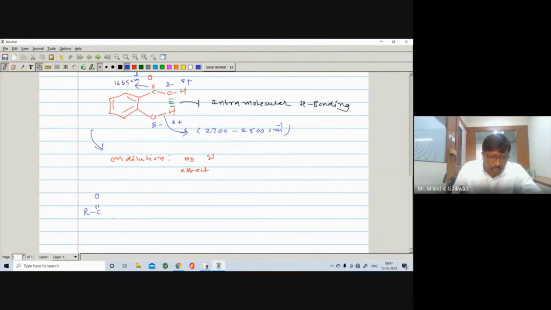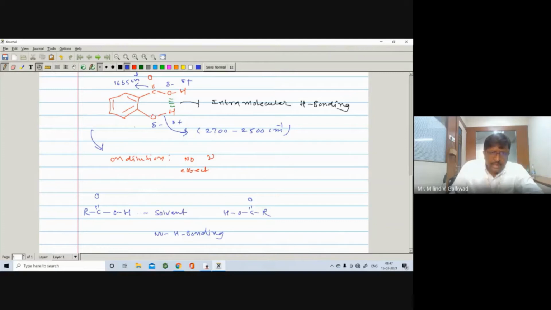RC double bond O, here is OH, and there is a solvent. The two compounds go away from each other, and there is an absence of hydrogen bonding. So there is no H bonding.